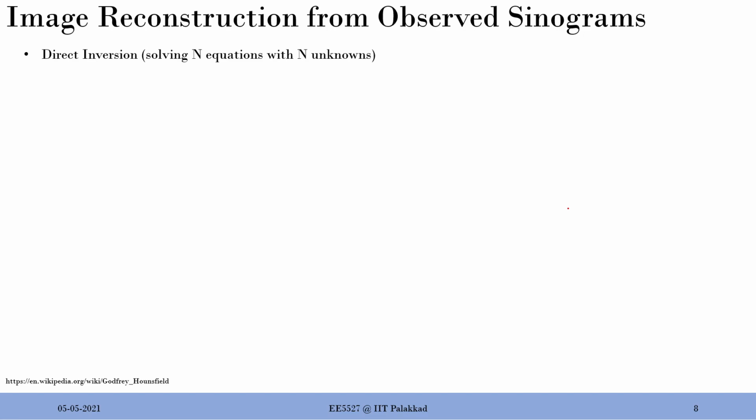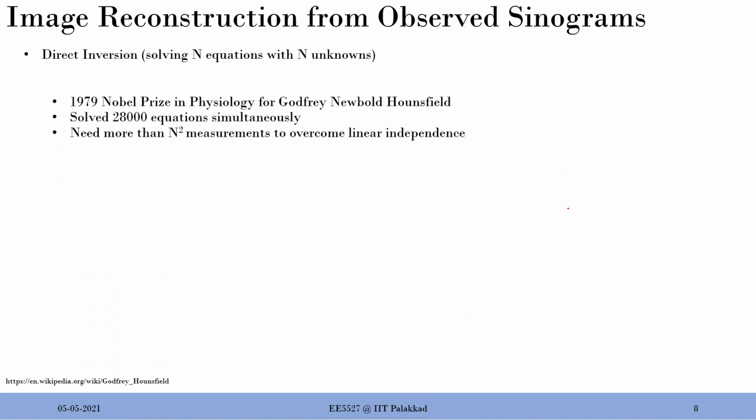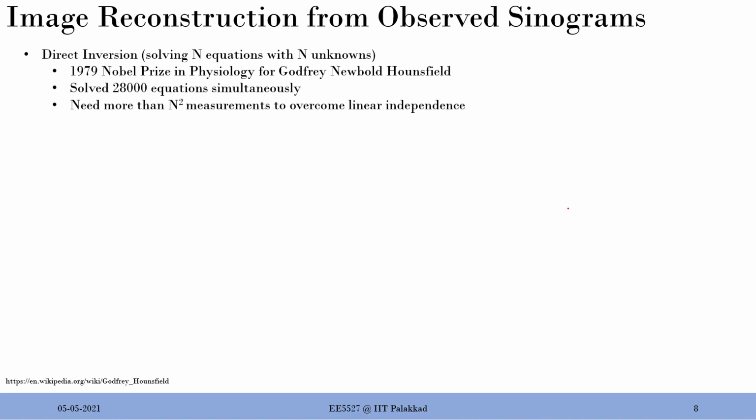If you have n observations, n equations, or n detectors, you can do direct inversion and find it out. This is one of the Nobel Prize winning approaches: 1979 Nobel Prize in Physiology, Godfrey Newbold Hounsfield. In fact, CT values are measured in Hounsfield units, in remembrance of this great person.